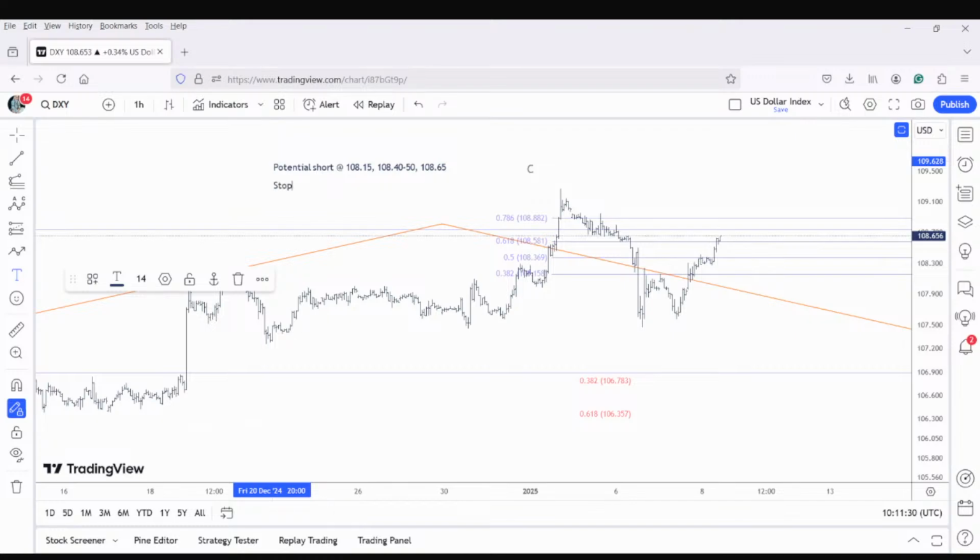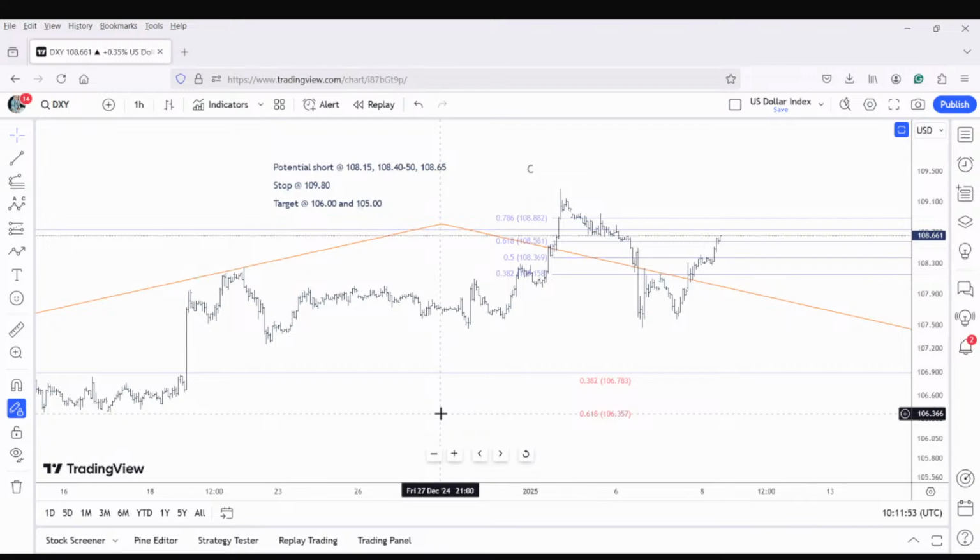Stop loss goes around 10980, and the target in 106 and 115. It's actually below that, around 104.55 to be more precise. Right. These are again short-term targets.